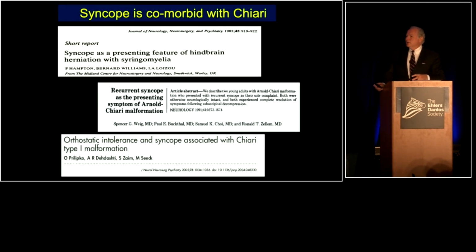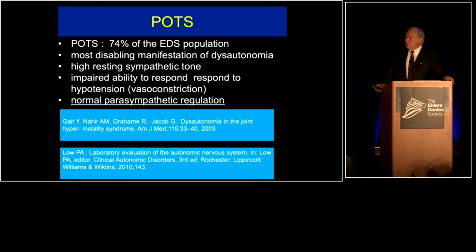Syncope, turns out, occurs commonly with Chiari malformations. And we know that Chiari seems to occur a little more frequently with connective tissue disorders than the general population. Syncope occurs with postural orthostatic tachycardia, which is present in 3/4 of the EDS population, and it's probably the most disabling manifestation of EDS. Now, in postural orthostatic tachycardia syndrome, there's a high resting sympathetic tone.